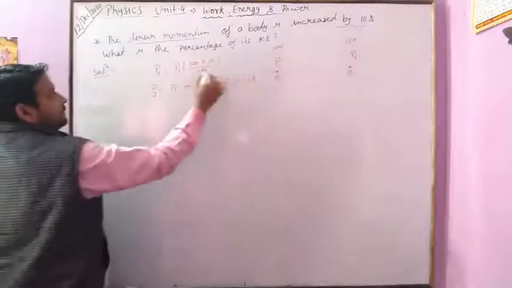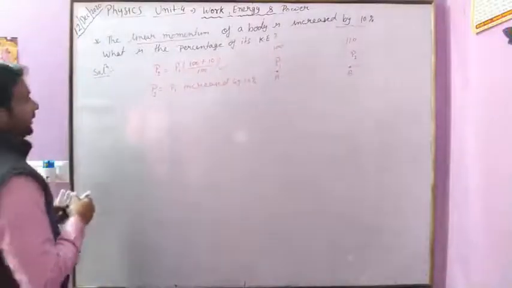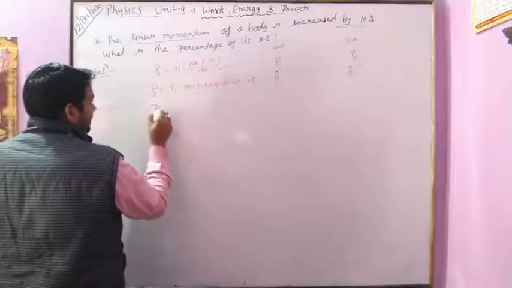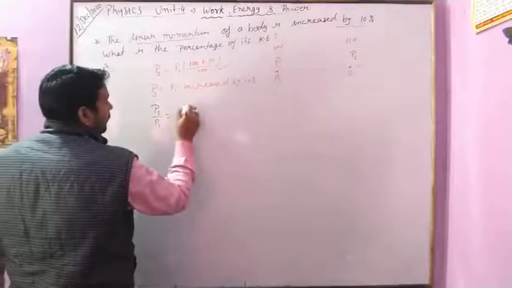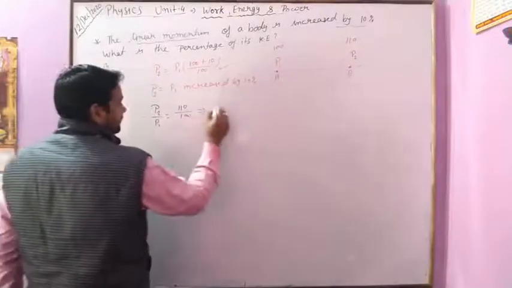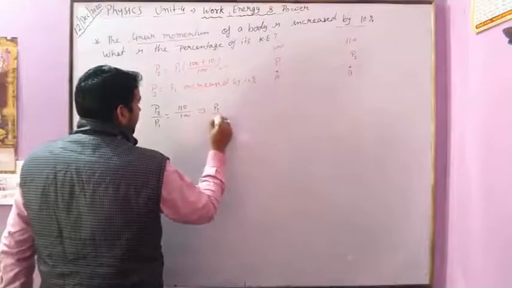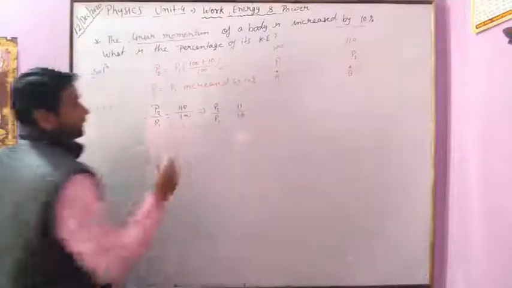For solving this, we use this condition. So from here we calculate the ratio of P2 upon P1 is equal to 110 upon 100, from which we get P2 upon P1 is equal to 11 upon 10.